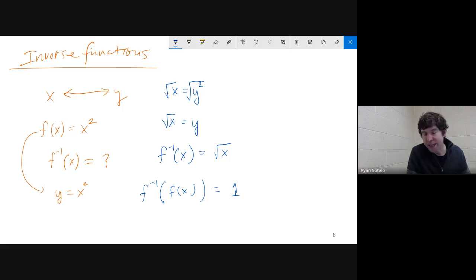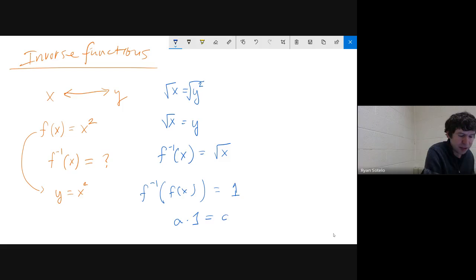We call it the identity operator because if you multiply anything by 1, you get the same thing back. So a times 1 equals a. This one's to do with multiplication. Plus 0. 0 is the additive identity operator, because if you add 0 to anything, you get the same thing back. So that's what we mean by that.